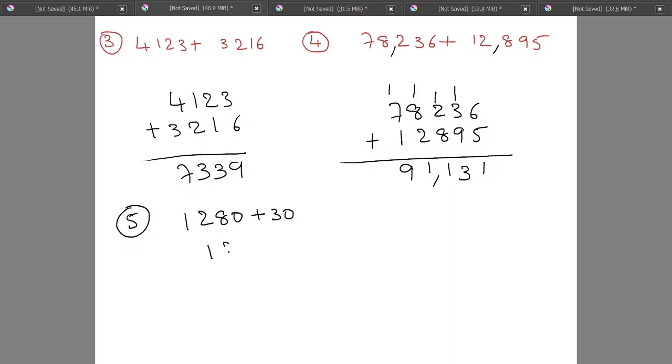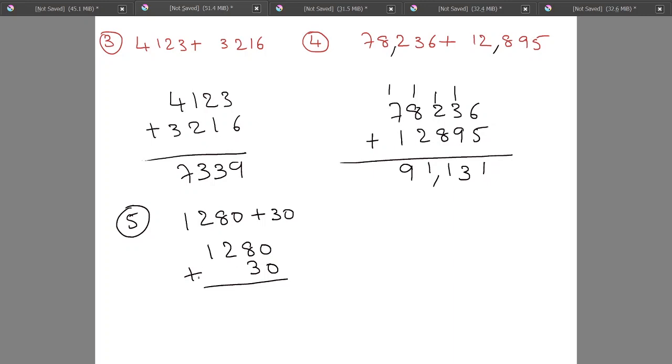First write down the first number, and where to write 30? You should not write 30 from the left end. These are 4 digits, and we have only 2 digits here. So leave 2 places and then write down the number, so that the units place numbers are aligned.